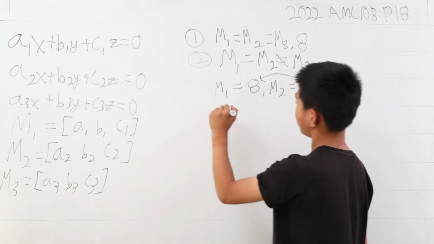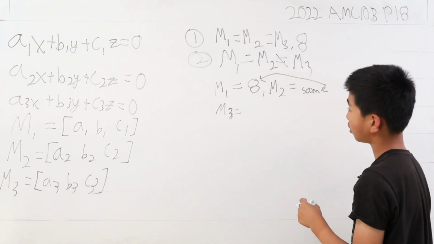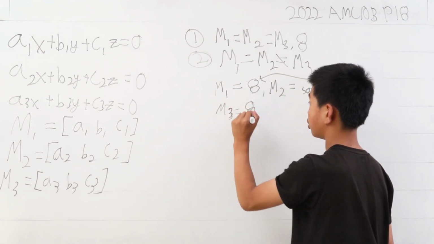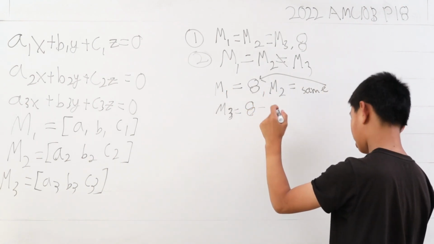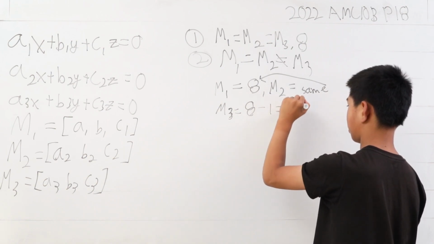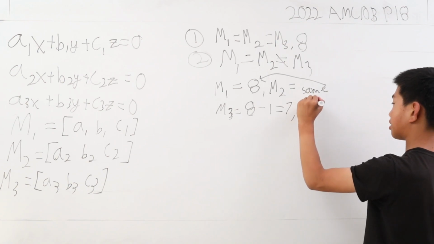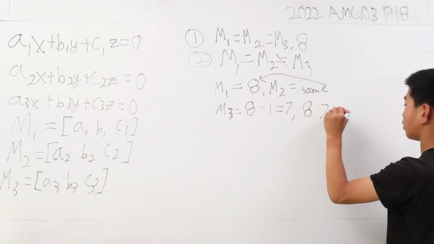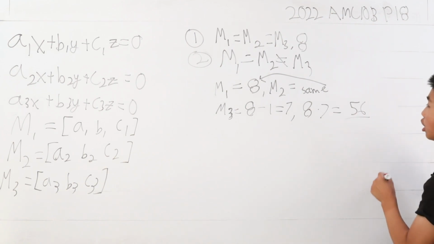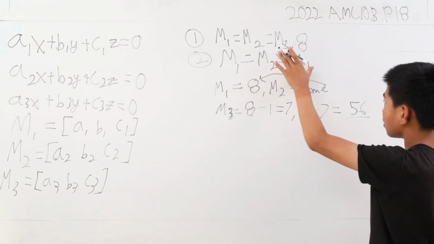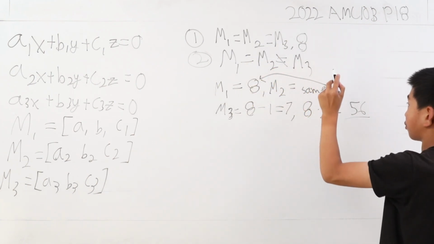Now M3, this is a peculiar thing. This would have 8 solutions, except you have to subtract that one solution from M1 because it's not equal to it. This is 7. Now we can multiply that together: 8 times 7, 56 cases. But this is just for the specific case where M1 is equal to M2 but not equal to M3.